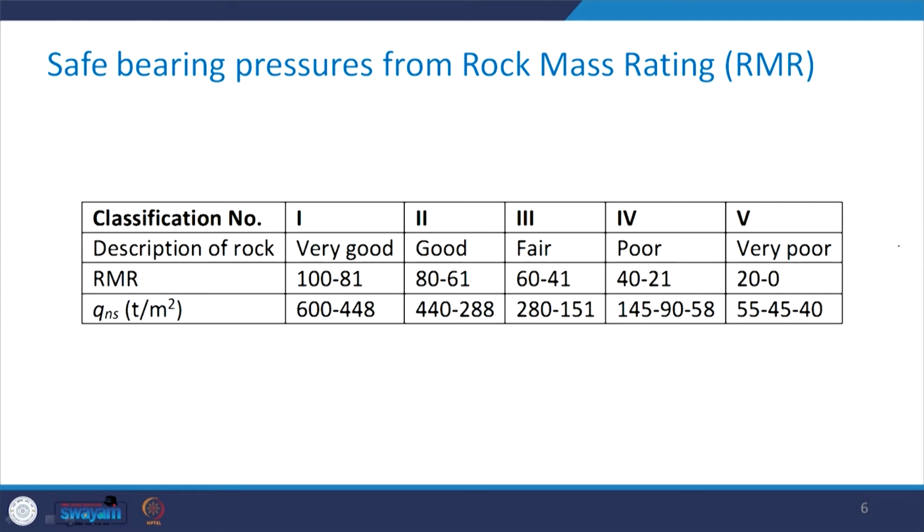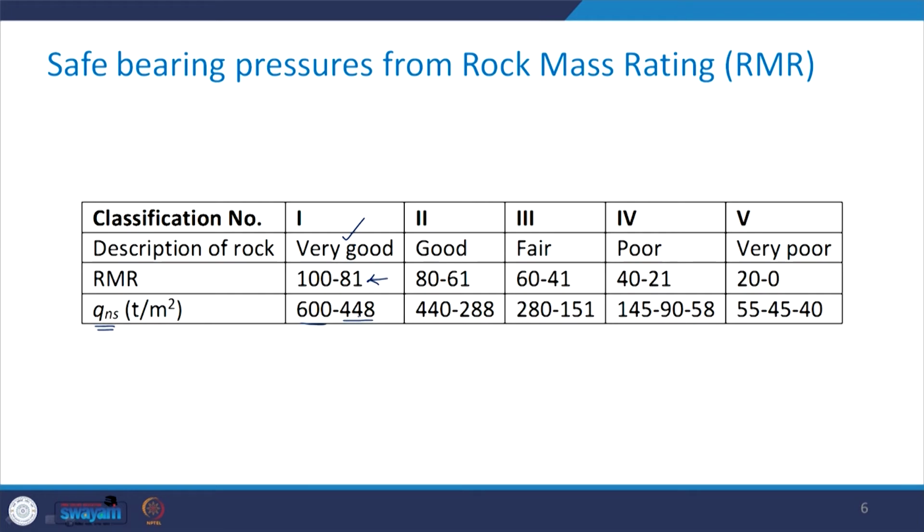So, this table gives you the idea about the value of RMR and the corresponding value of allowable bearing pressure, QNS. In case you have a very good type of rock, its corresponding RMR would be 100 to 81, and the value of the safe bearing pressure can be taken as 600 to 448.